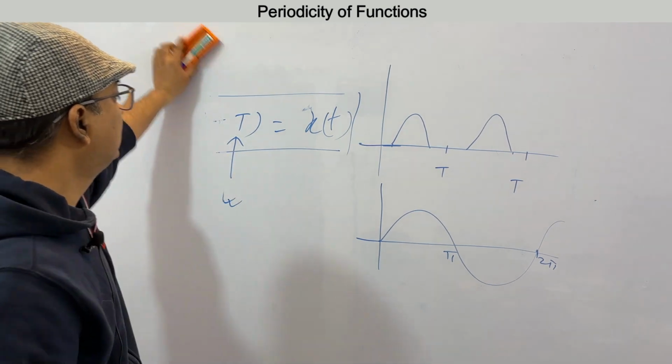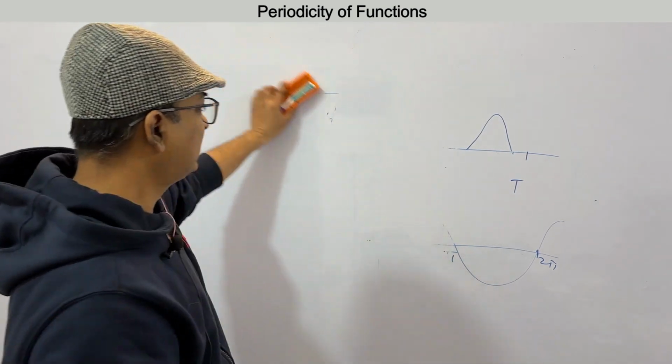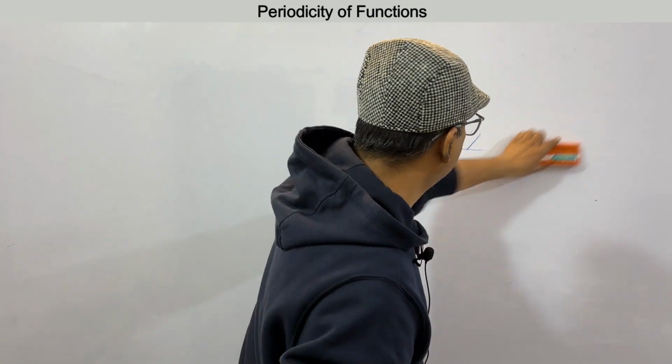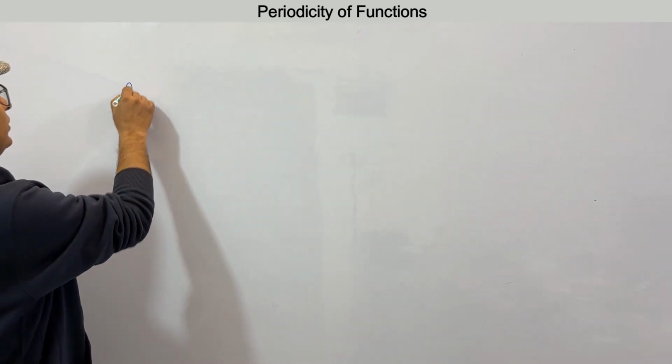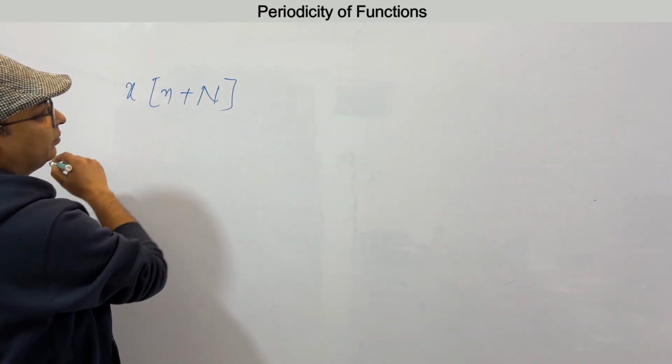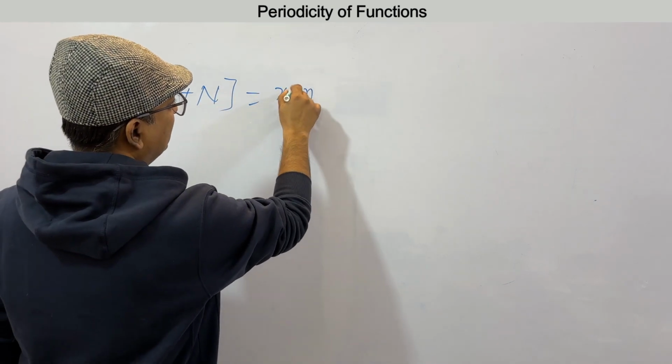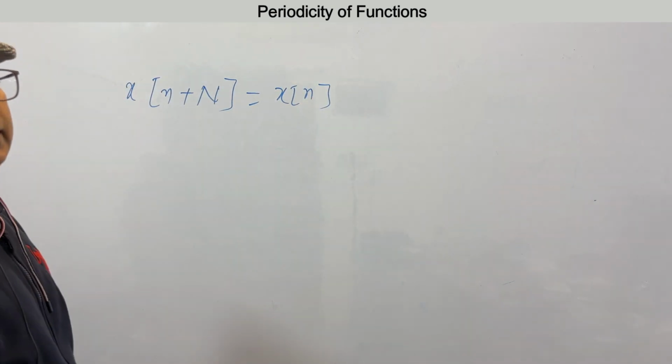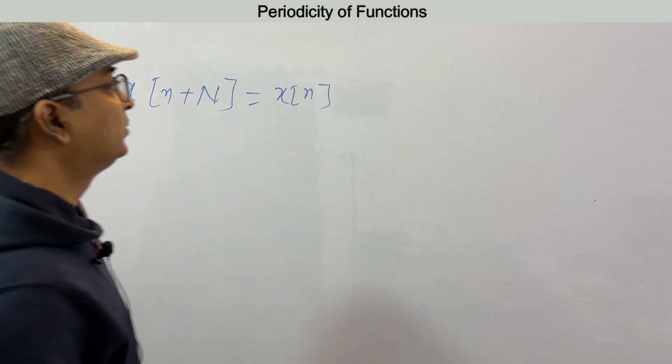In case of discrete time signals, it's the same. The representation is like this. We say after every N number of samples, if it is the same, then we say it is a periodic signal, a periodic discrete signal.